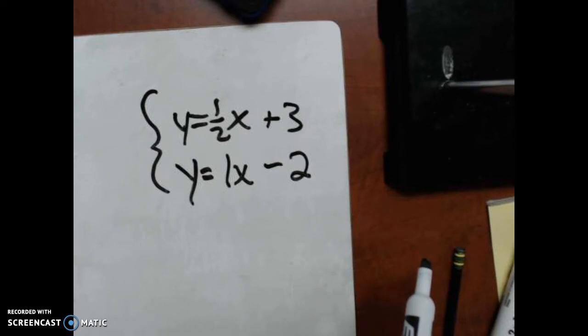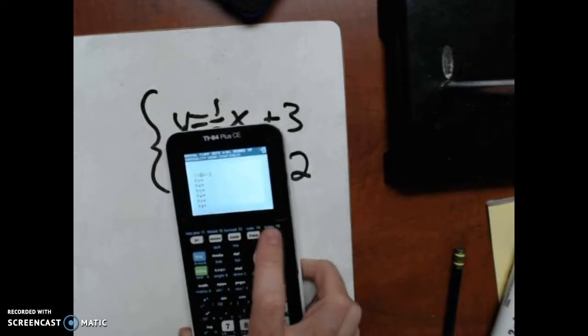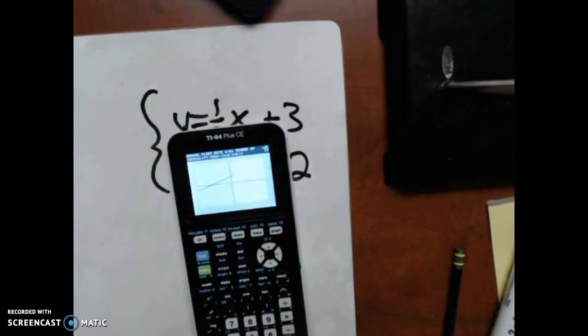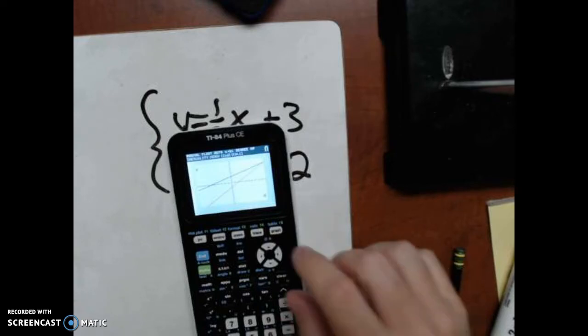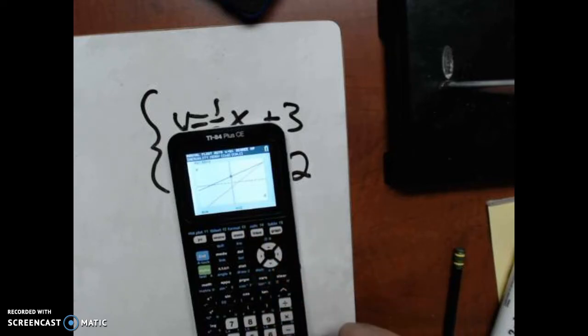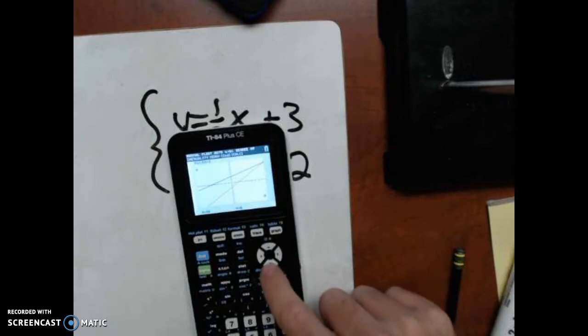So let me graph these, and we'll just verify picture-wise that there will be one answer for them. There's our first line, 1/2 x, and here's the other one, and oh, right there at the end. Let's see if 10 is the answer to that.